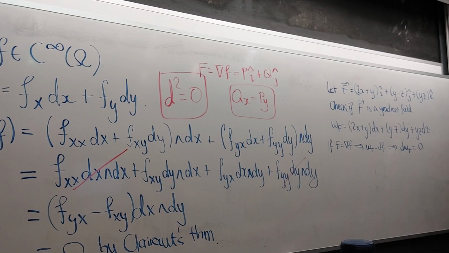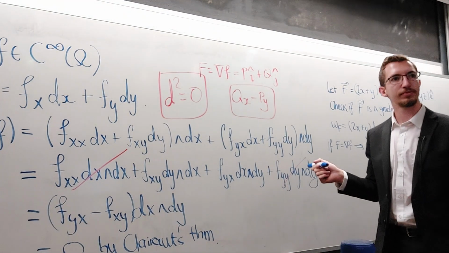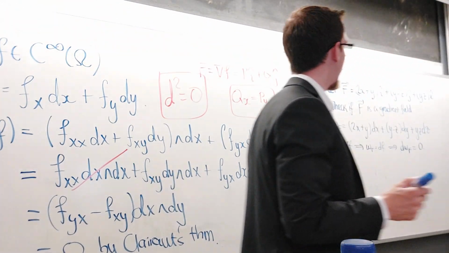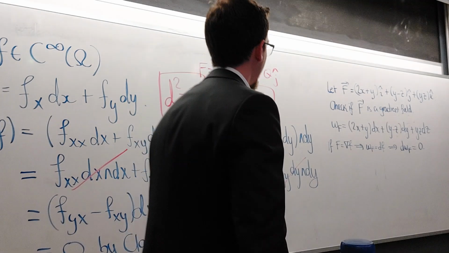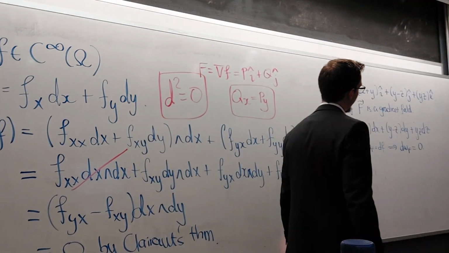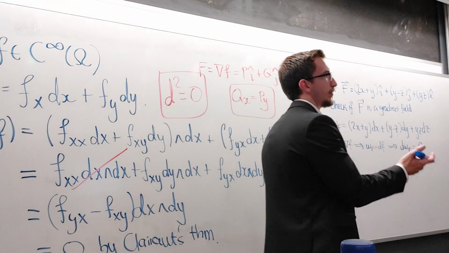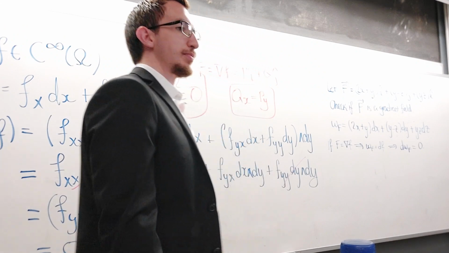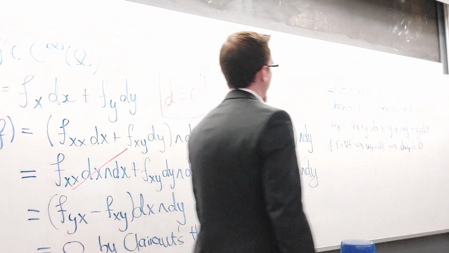So in particular, if d omega f is non-zero, then this is not true, and therefore this is not true. Yeah? So it gives us a way of testing whether a vector field is a gradient field or whether a one form is exact. Okay, so let's compute it.